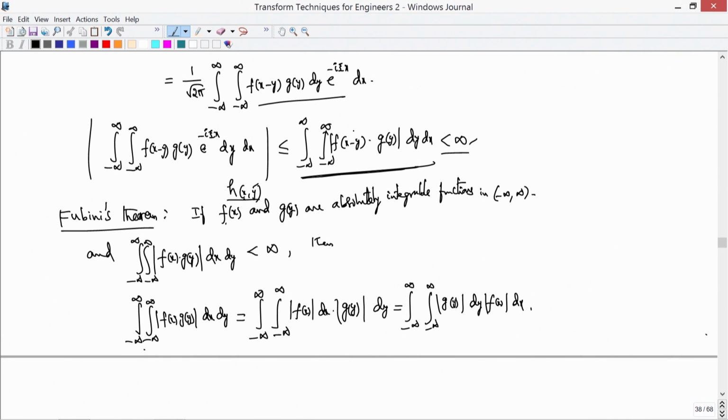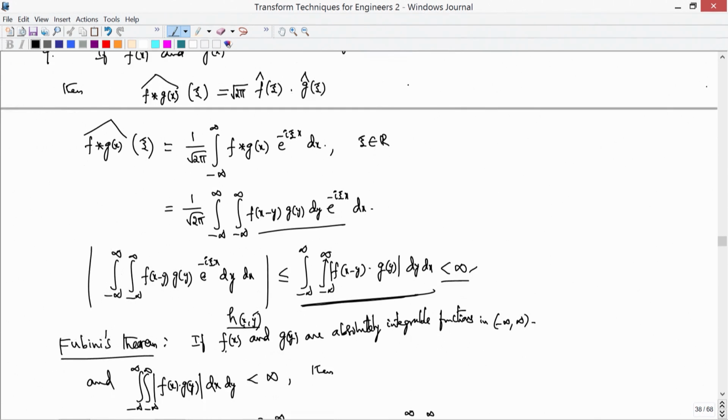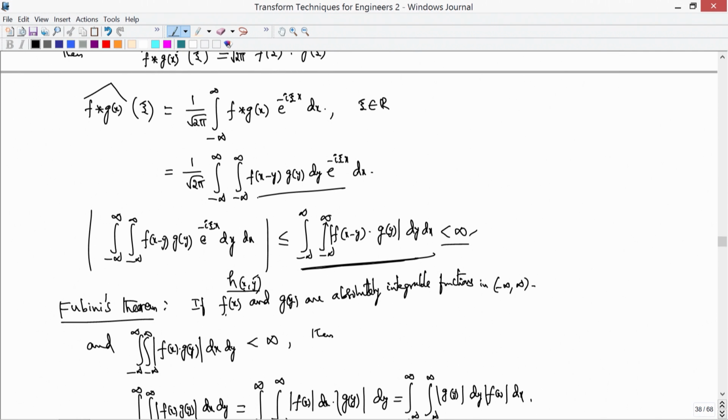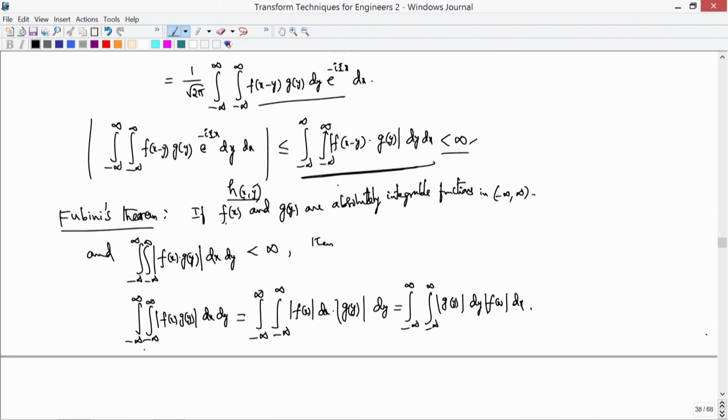because from this statement, f and g both are absolutely integrable functions, the double integral makes sense.